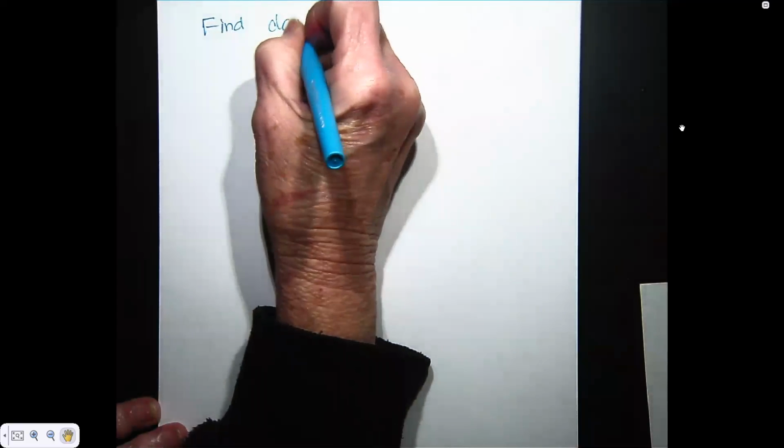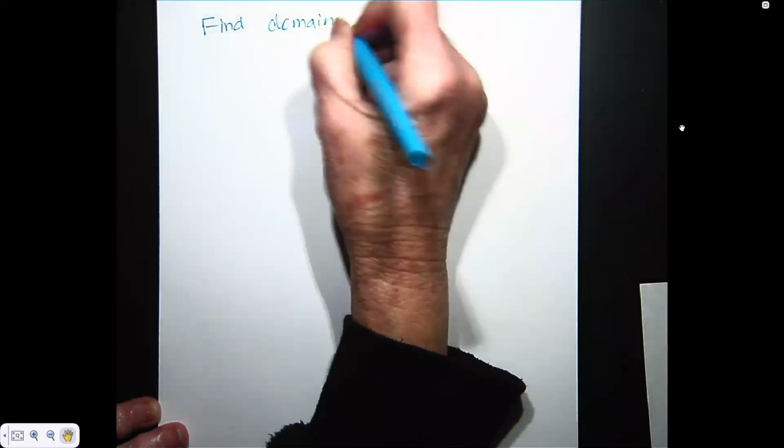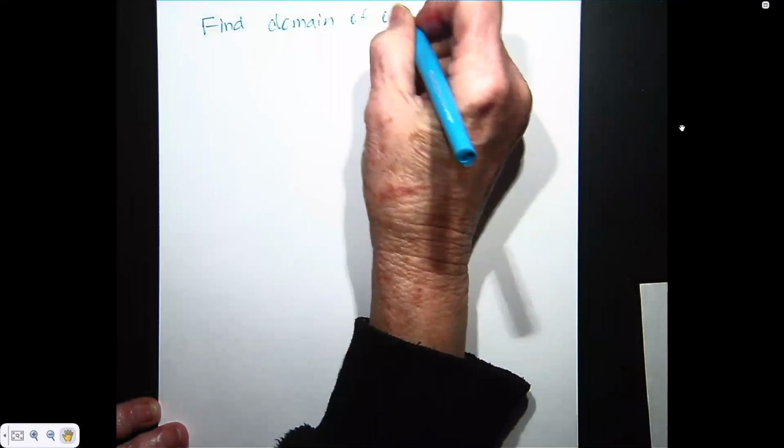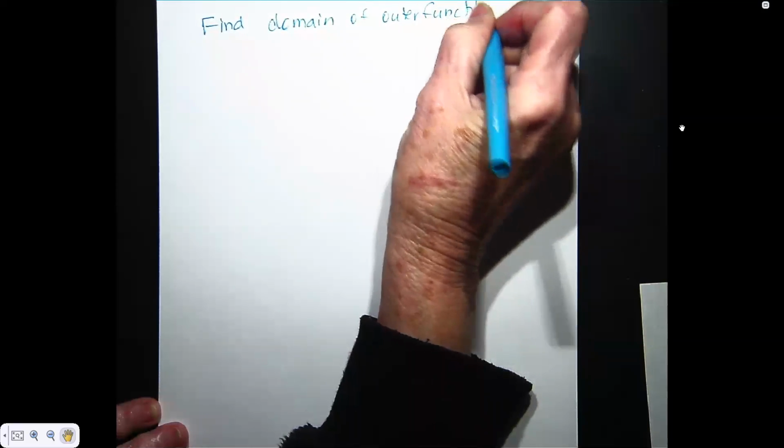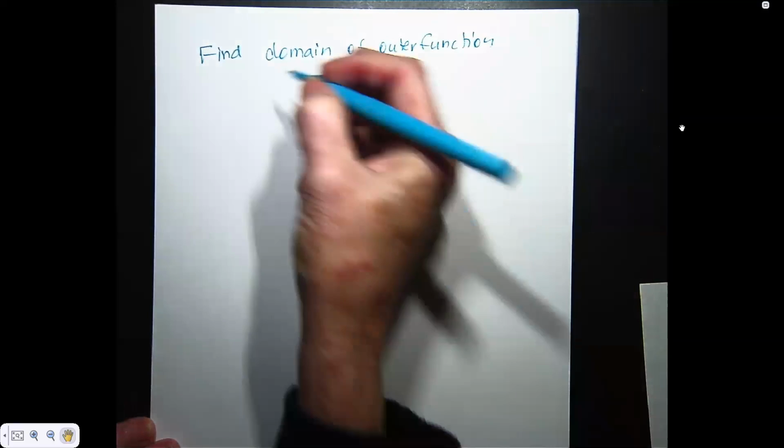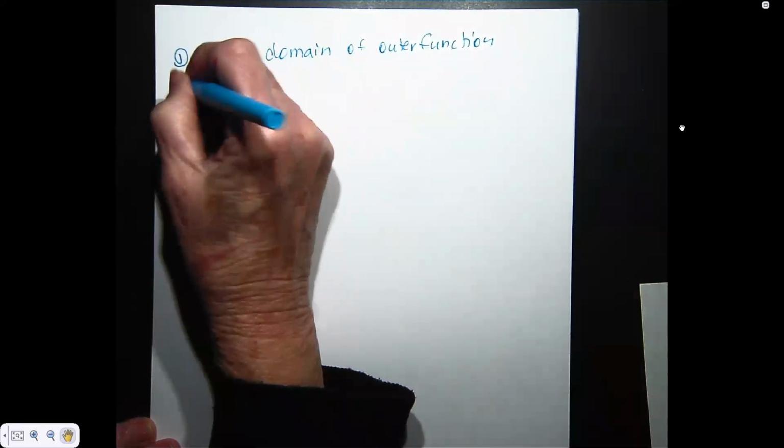So now I want you to think about this. So the way that you do the problem is you find the domain of the outer function, that's the first thing you're going to do.